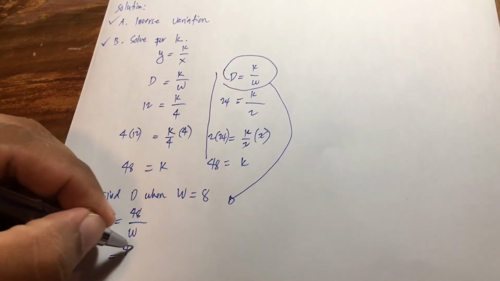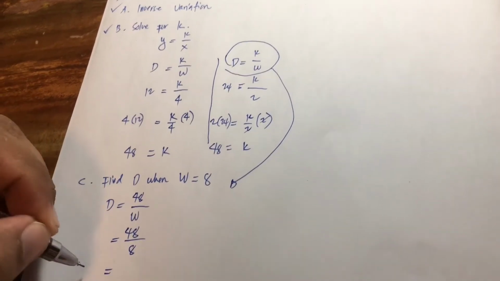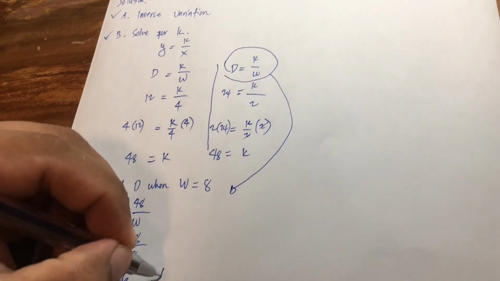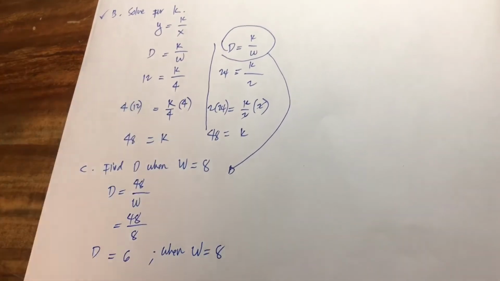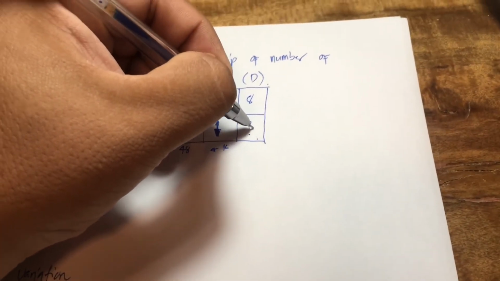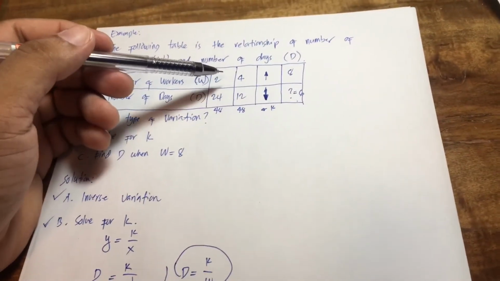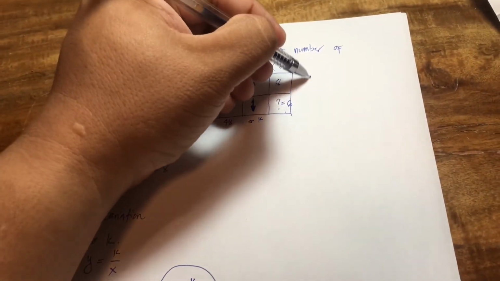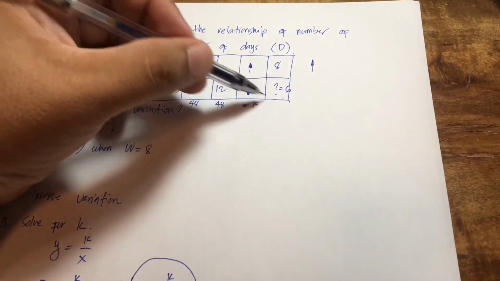So 48 over 8, our D is 6. So 6 when W is equal to 8. So here, this is now equal to 6. Okay? We will check. 2, 4, 8 increases. 24, 12, 6 decreases.